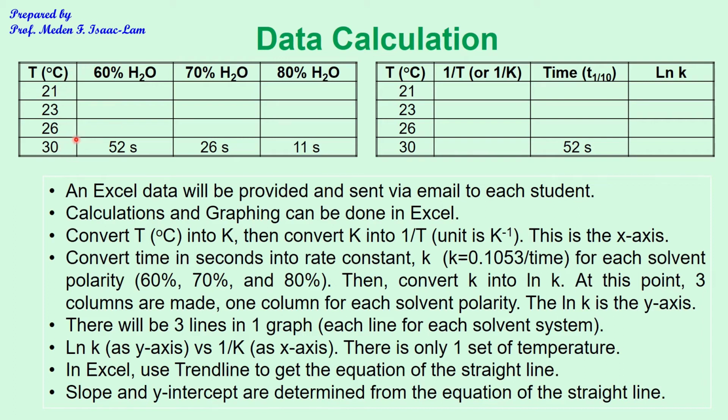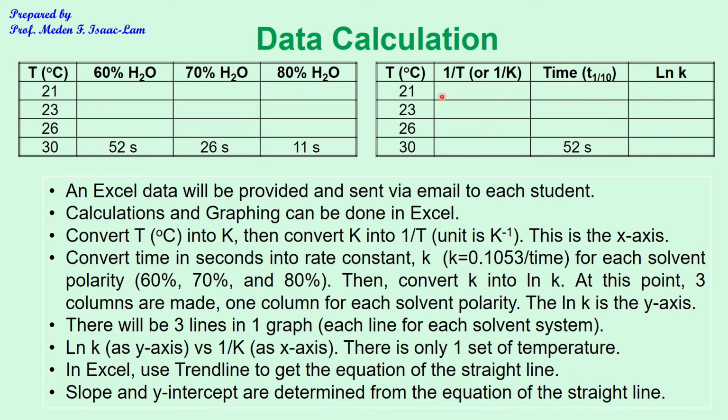So make a column, because the first step is you are going to convert the temperature in degrees C into Kelvin, and then convert that Kelvin into 1 over T or 1 over K. The unit now is per Kelvin or K to the minus 1. So for example, in this case, after converting degrees C into 1 over K, this number will be small.